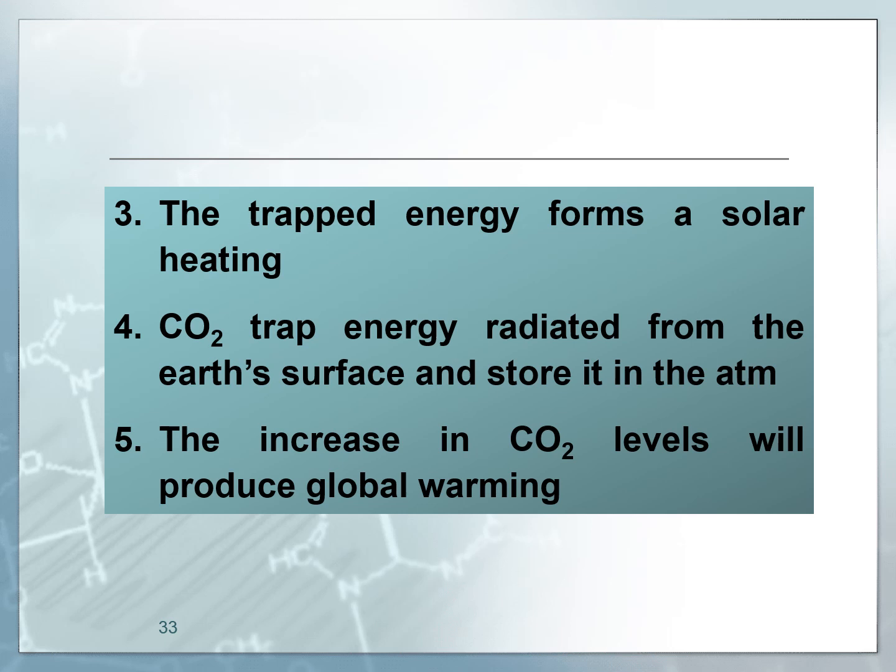Since 1900, the atmospheric concentration of carbon dioxide has increased, due to the energy demands in technology, population growth, combustion of organic matter, and carbon-based fuel. Even photosynthesis removes carbon dioxide. Consequently, the increase in carbon dioxide levels will produce global warming.